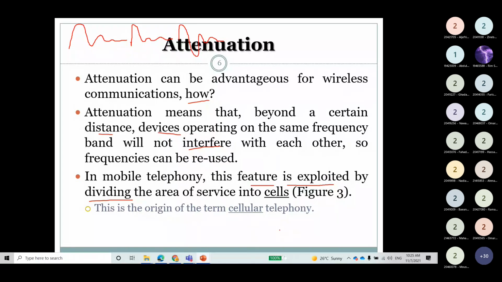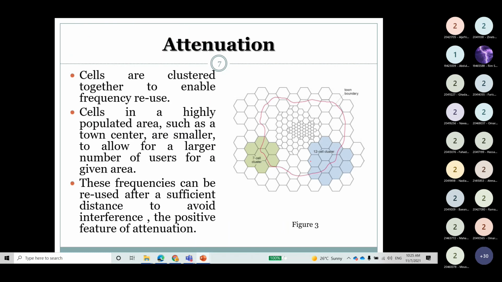So these are the advantages of attenuation. Do you understand that attenuation for wireless communication can be advantageous? Because the signal will die after some distance, I can reuse the same frequency and not have interference. This is what is called cellular networks.